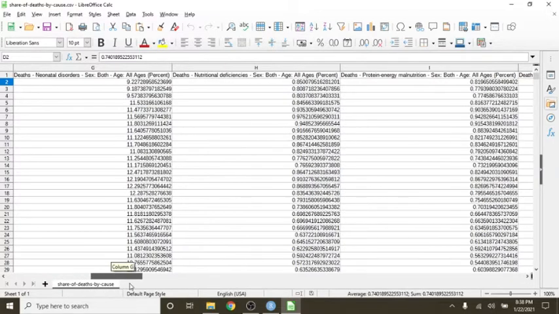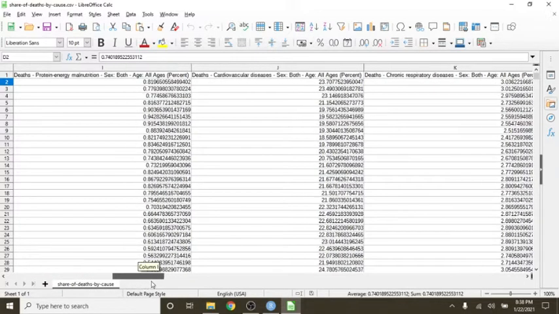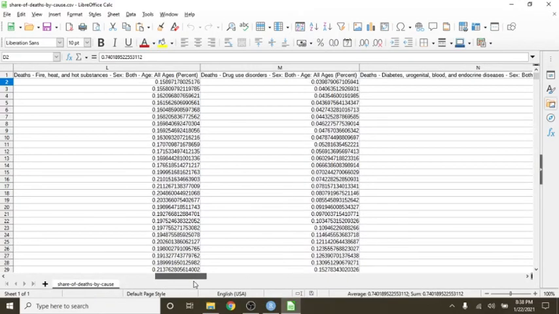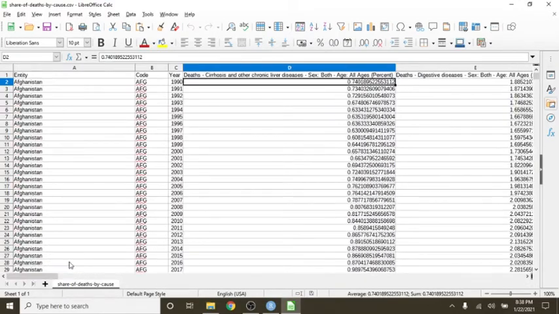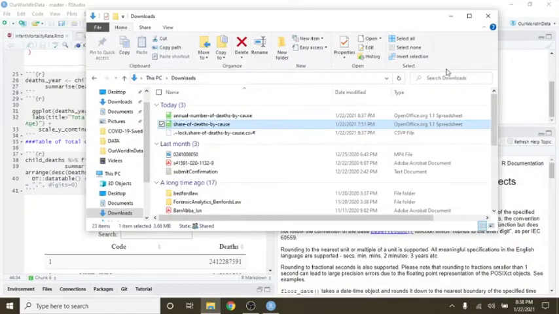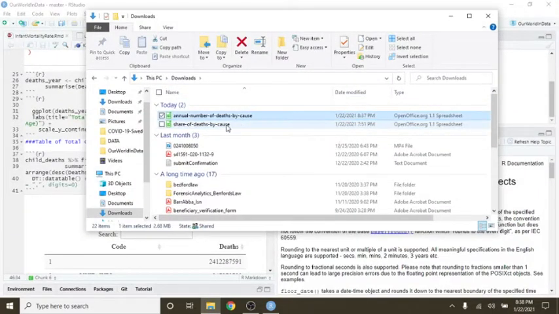This appears to be a percentage or something like this, although I'm not sure of that. So we'll probably leave that alone for right now. We could, of course, calculate the total deaths for these diseases and then calculate the percentage of the total deaths. Okay, so let's go ahead and move both of these down to our data directory.